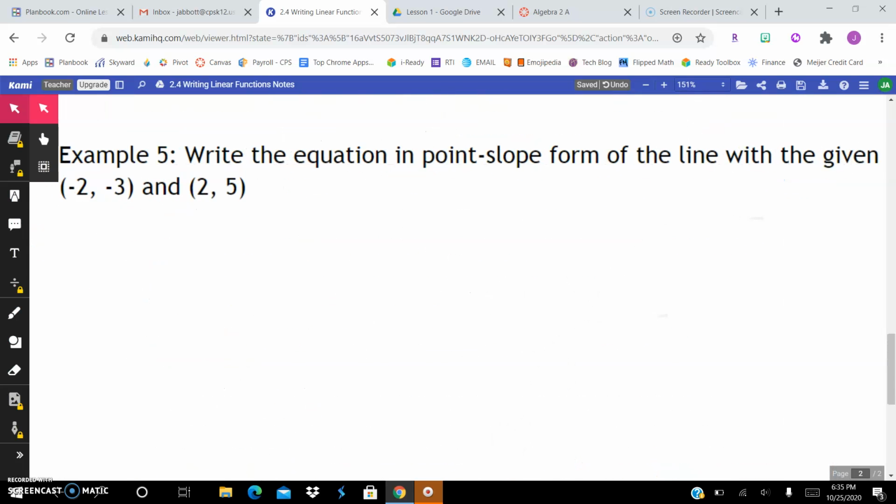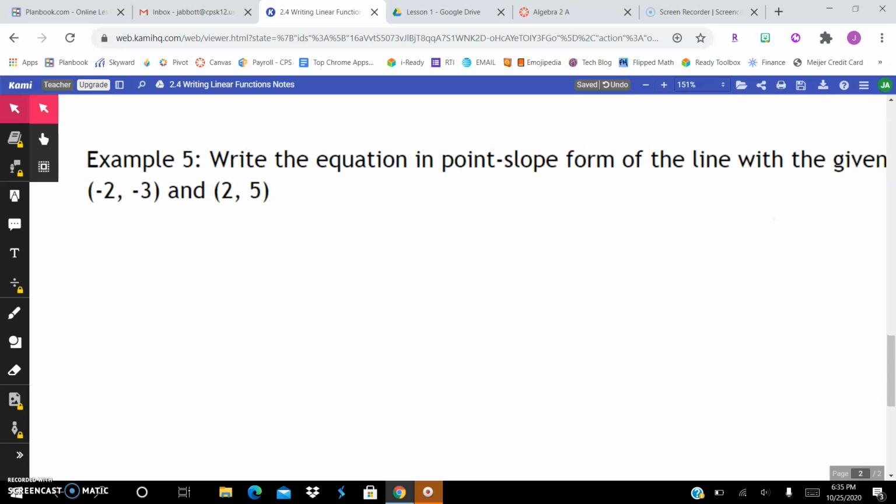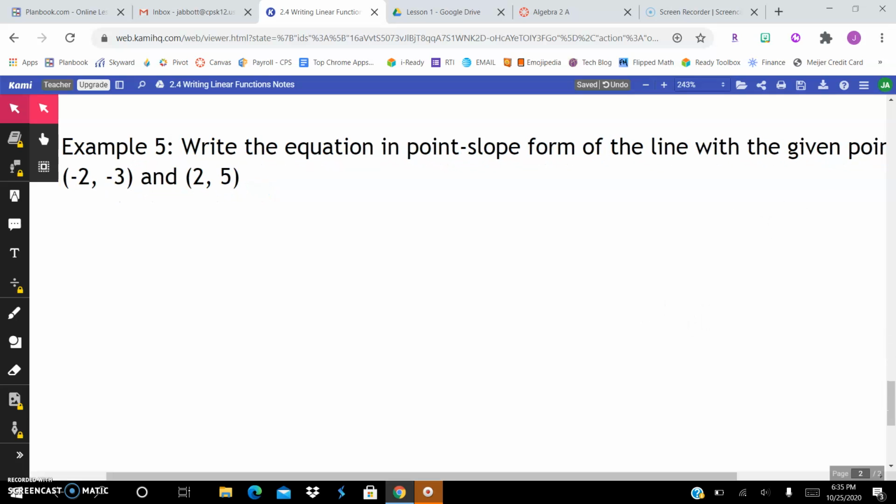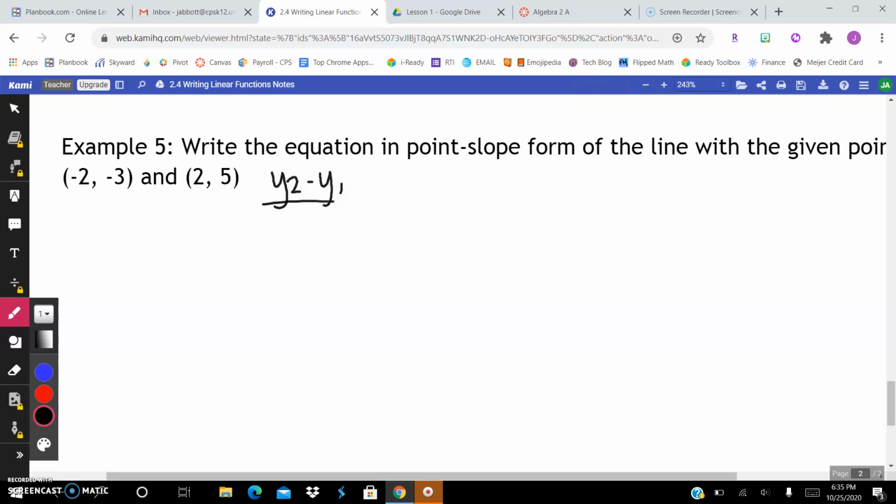And then for our last example here, write the equation in point-slope form for the given points. So point-slope, I have a point, I have 2 to choose from, but I don't have the slope. But I do know the slope formula, so we are going to use that first.